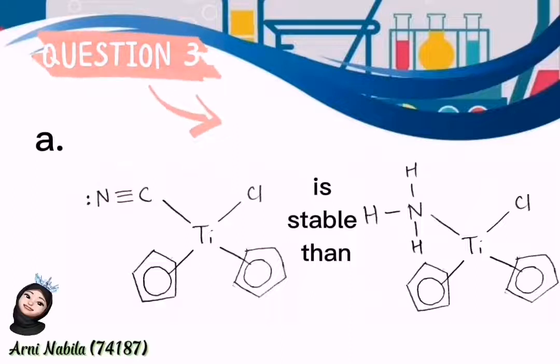NH3 in bicyclopentadiene chloroamine titanium chlorine cannot form a backbond with titanium because its nitrogen atom only has one lone pair, and NH3 can only form a pure sigma bond. So bicyclopentadiene chloroamine titanium chlorine is unstable.